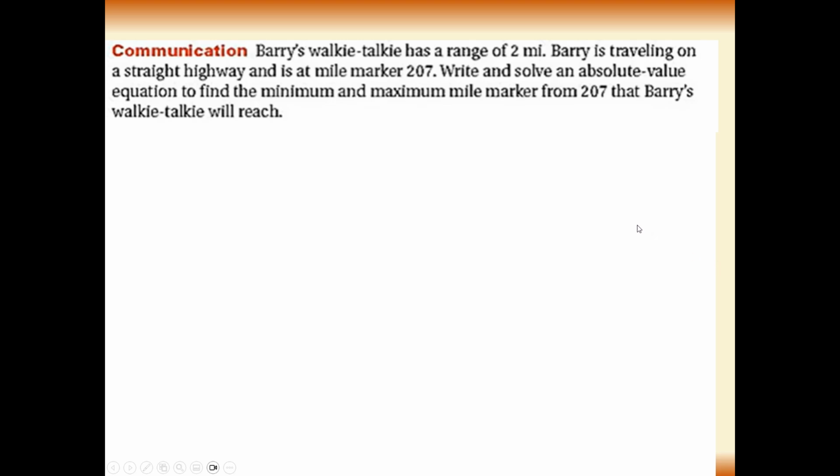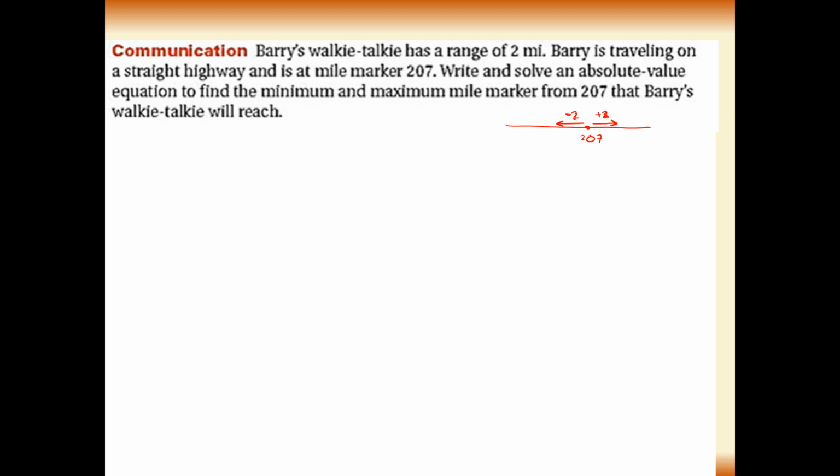Okay, so we know that Barry's walkie-talkie will work up to 2, because he's traveling on a straight line. We are saying that he's here, and it can go up to +2 or -2 miles from where he's standing.